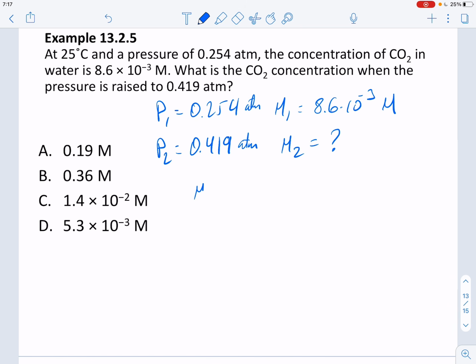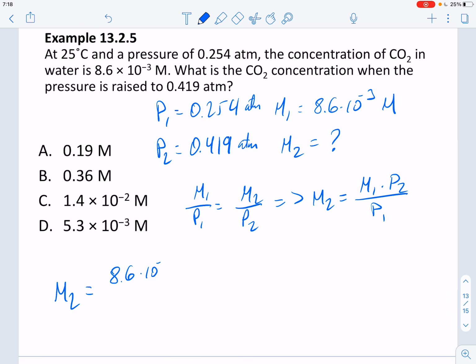Okay, so M1 over P1 equals M2 over P2. This means that M2 is going to be equal to M1 times P2 divided by P1. So that concentration is going to be equal to the initial concentration, 8.6 × 10^-3 molar, times this pressure 2, 4.19 atmospheres, divided by 2.54 atmospheres.